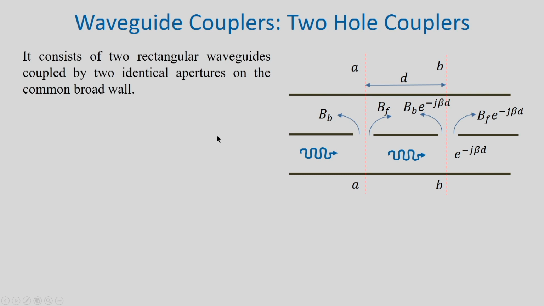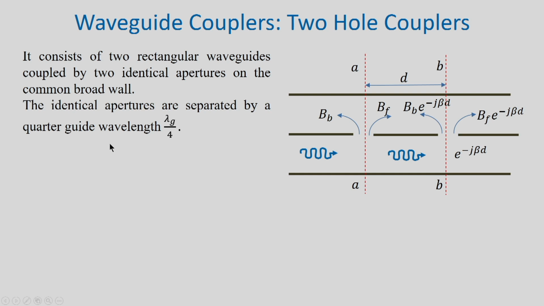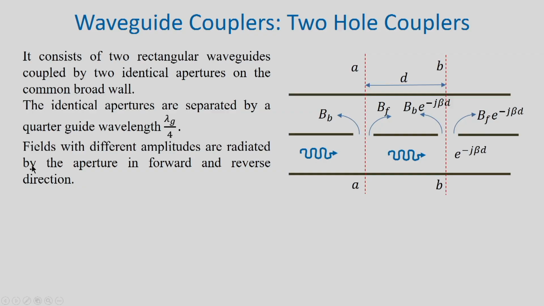So, it consists of two rectangular waveguides coupled by two identical apertures on the common broad wall. The identical apertures are separated by a distance which is a quarter of the guide wavelength, that is lambda g by 4. Fields with different amplitudes are radiated by the aperture in forward and reverse direction.